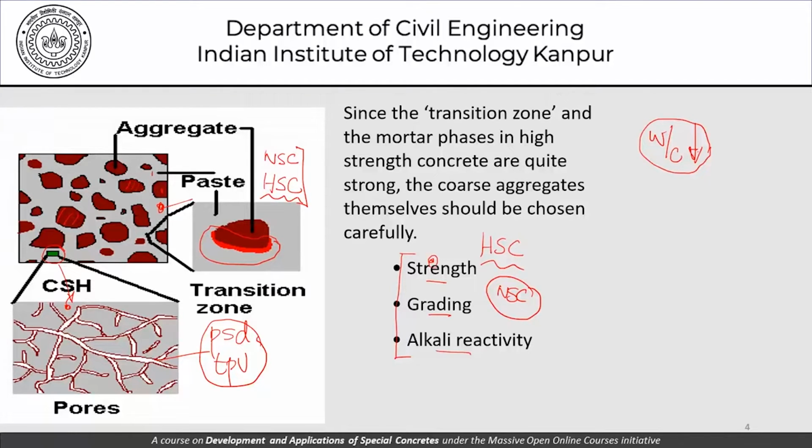We must also remember that we do not normally test the strength of aggregate in the same sense as we test the strength of concrete. I will leave it as an assignment to you to revisit and recall the three tests that we do for what we call mechanical properties of coarse aggregates.